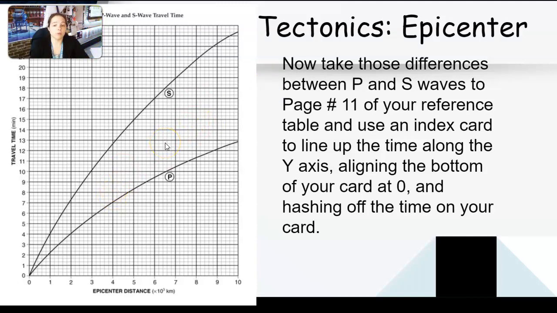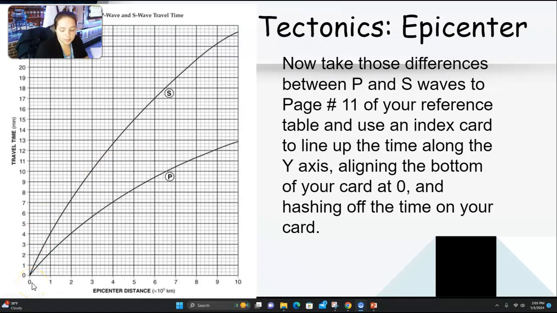I take it to page 11 of your reference table, and you can use an index card to line up the times along the y-axis, aligning the bottom of your card at 0 and hashing off the time on the card. If you recall what we did with the igneous rocks, we took the cards and lined them up next to the percentages, and then you could hash those out.